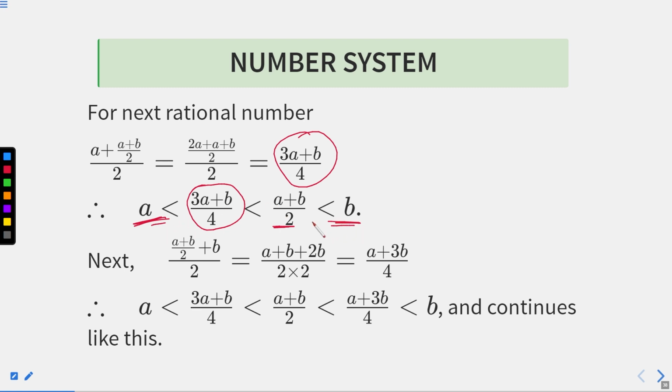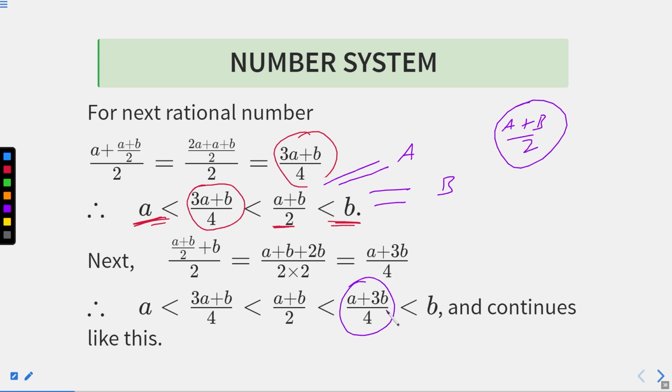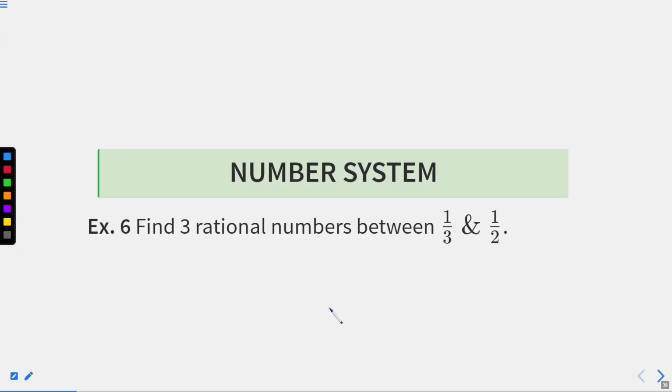In a similar method, taking this as b and taking this as a, and applying the (a+b)/2 formula, we get this. Moving to next, so try this problem.